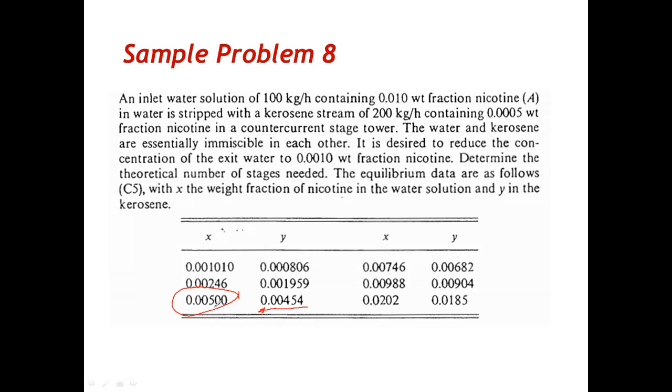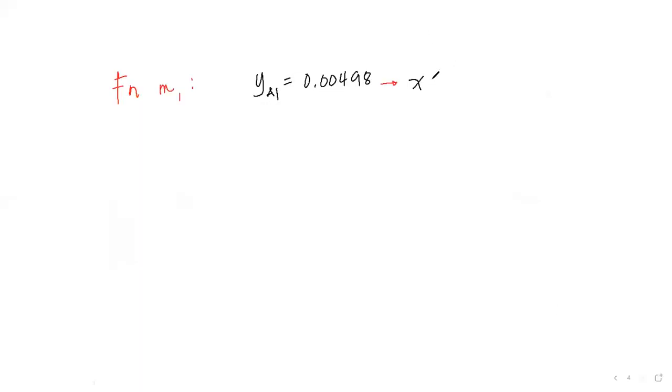So if we use this as the corresponding X for the Y, which is 0.00498, we'll go back to our solution. So I will place here, that was 0.005, a crude equivalent to the 0.0045 there. Ours is 0.0049.